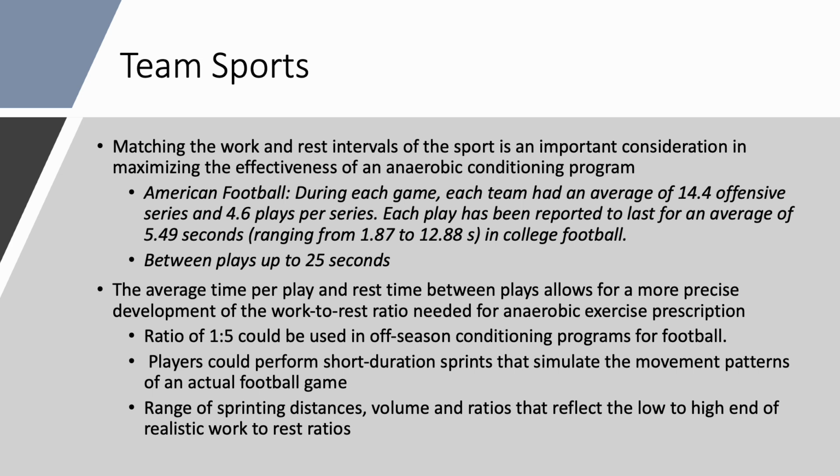Players could perform short duration sprints that simulate the movement patterns and range of sprinting distances, volumes, and ratios that reflect a low to high end of realistic work to rest ratios based off of the italicized information above.